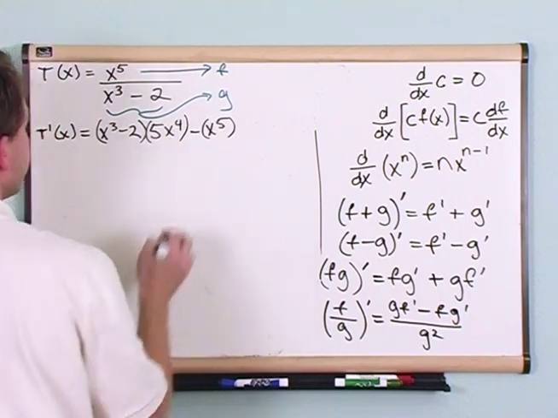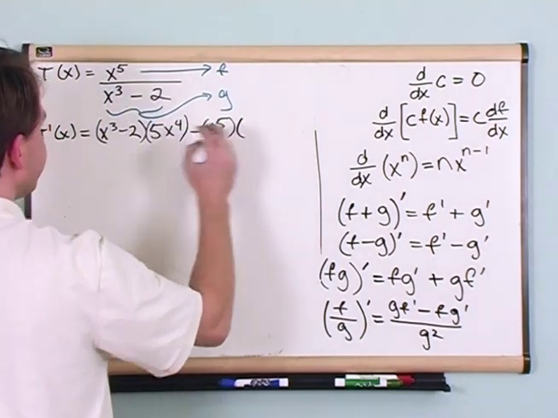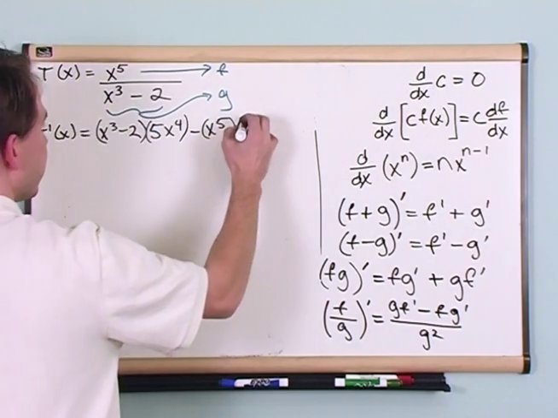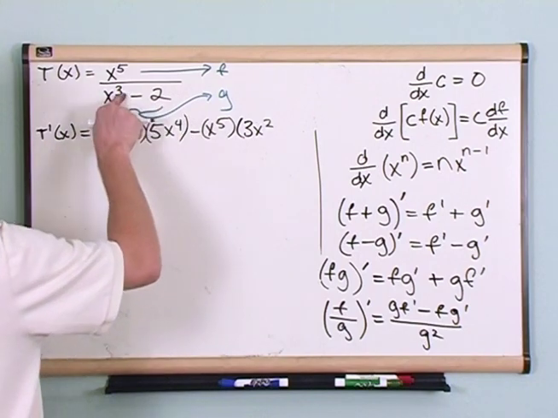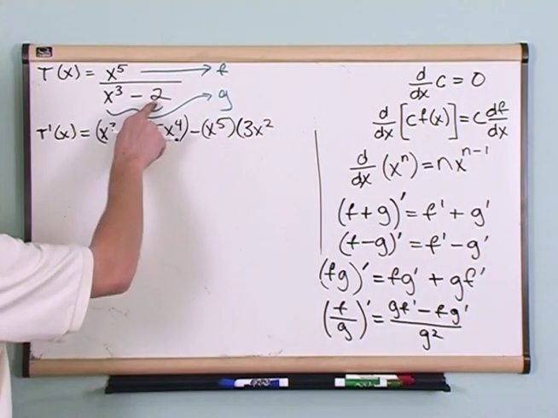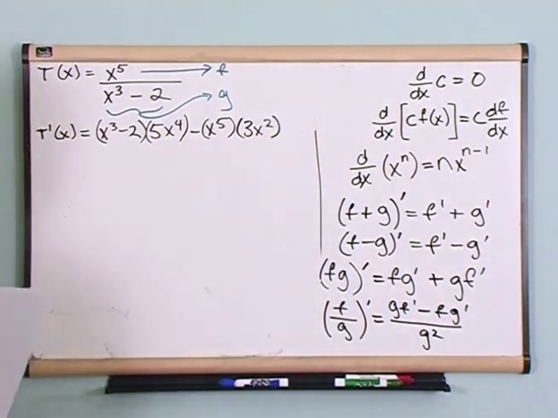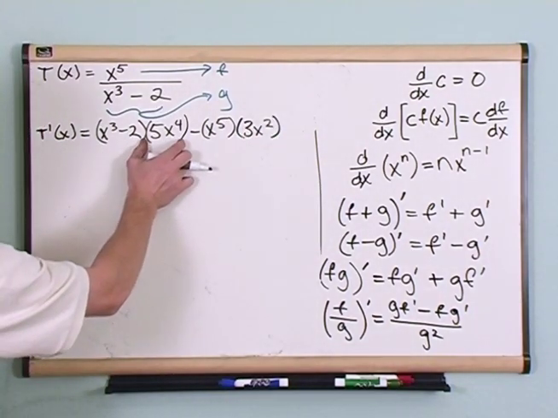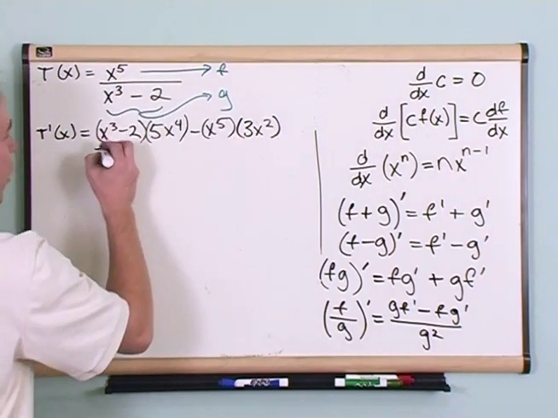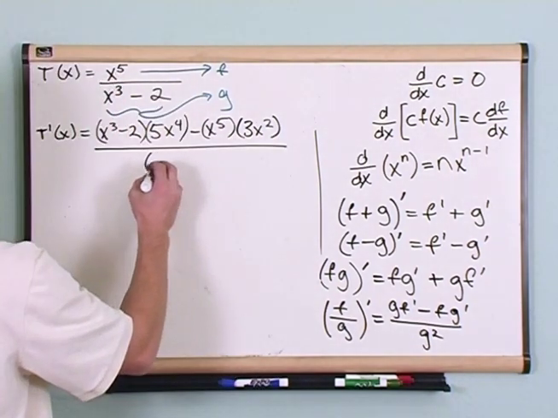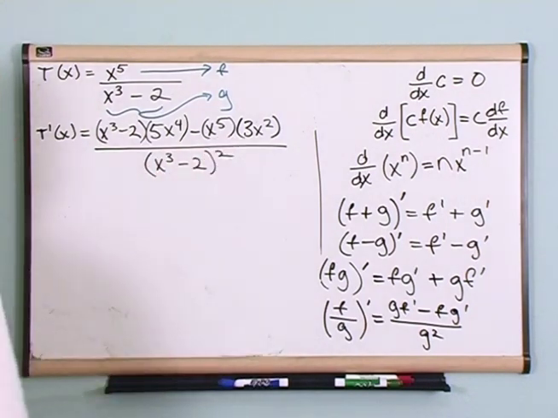I go ahead and put parentheses around these to make it clear, minus the top times the derivative of the bottom. Derivative of the bottom, this term is 3x squared. 3 comes down, x to the 3 minus 2 power. The derivative of a constant, this negative 2 here, is simply 0, so I don't have to do anything else. So bottom times derivative of the top minus the top times the derivative of the bottom over the bottom squared. So this is the whole enchilada on the bottom. Everything squared.